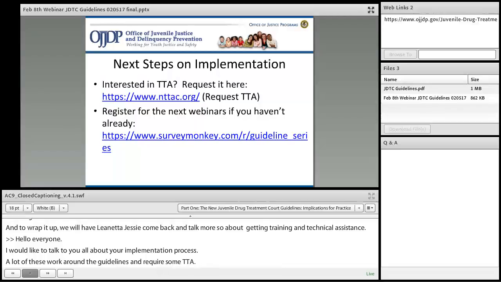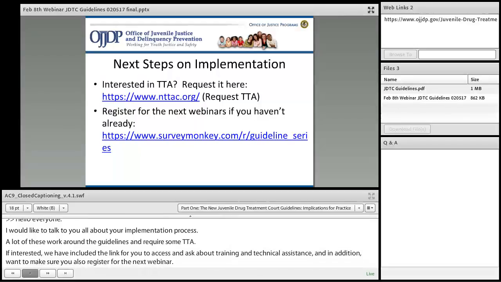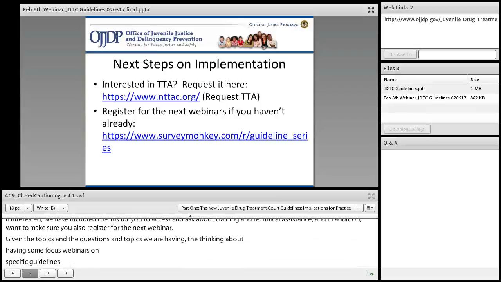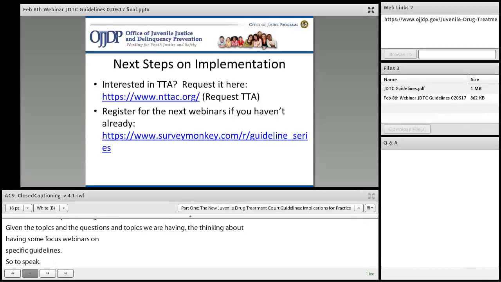And given the topics and the discussions and the questions that we are having, we are also thinking about having some really focused webinars on specific guidelines. So to speak, number 2 is what we talked about around race and ethnic disparities. So please stay tuned for what is coming up in terms of the guidelines. And please, please, please get your TTA request in.